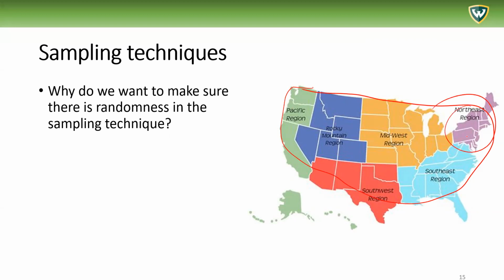If you have just bees from the Northeast, then your data is going to be biased or skewed, or perhaps just completely reflecting only the Northeast. So randomness is the process by which every individual that you're trying to select has an equal chance of appearing. And we want to employ randomness because we want to have a sample that reflects the whole population.